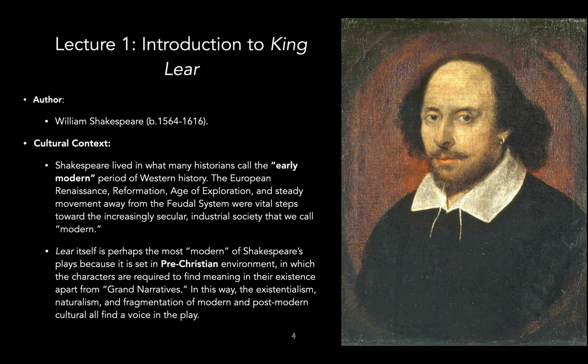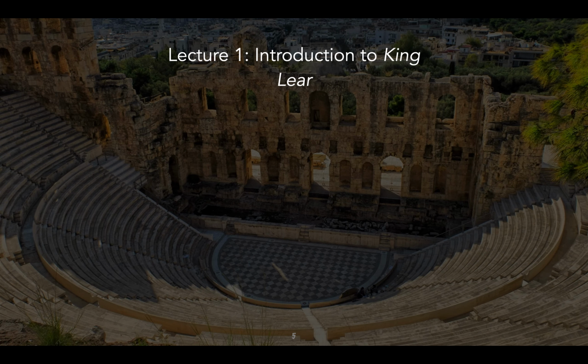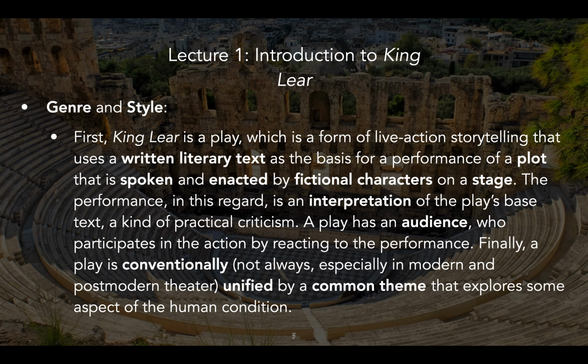Okay? So in other words, it's a great play to finish our study of modernity and modern and postmodern literature with. Okay? So let's talk quickly about genre and style. First, King Lear is a play. Okay? A play is just the live action story performance of a written literary text. So the piece of writing is obviously reflective.